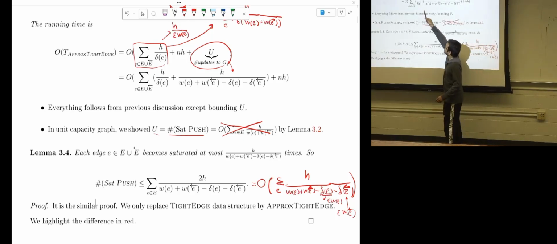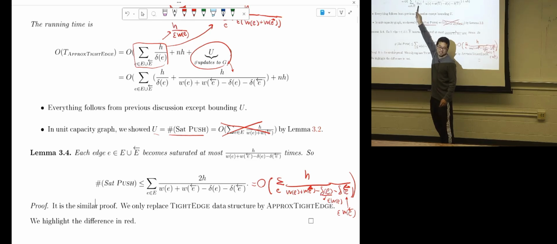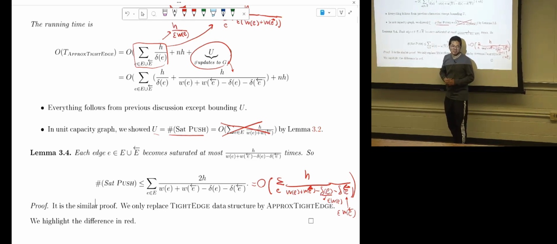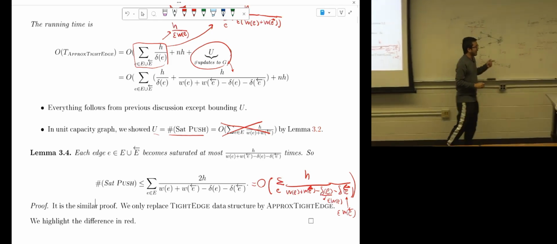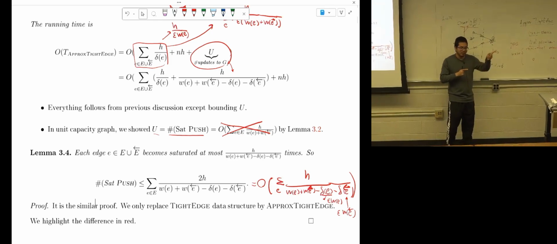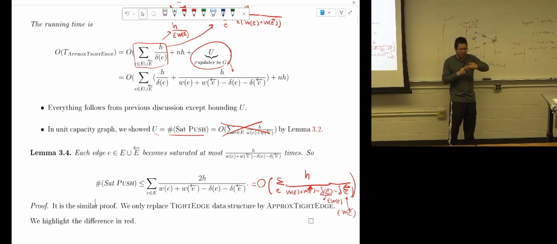And here it kind of says that the slack on any edge shouldn't be too small. So for example, I cannot set the slack of a forward edge to be something big and the slack of a backward edge to be 0. That's not good.